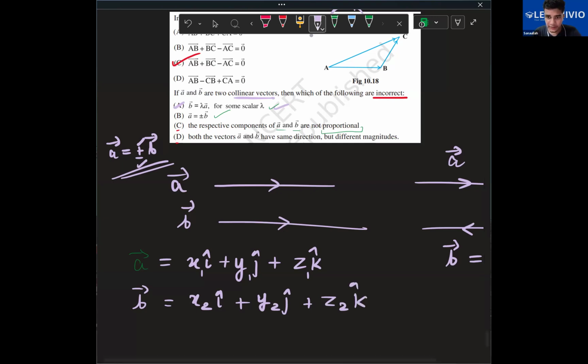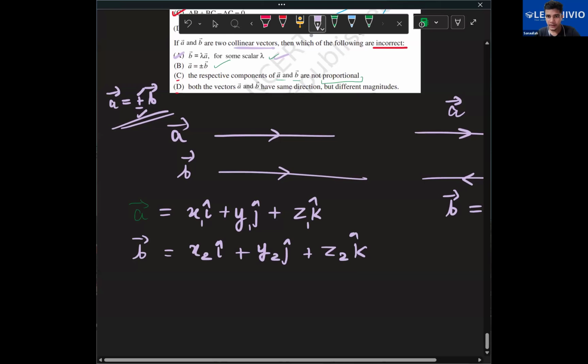So according to the question, if these are collinear, the respective components of A and B are not proportional, right?